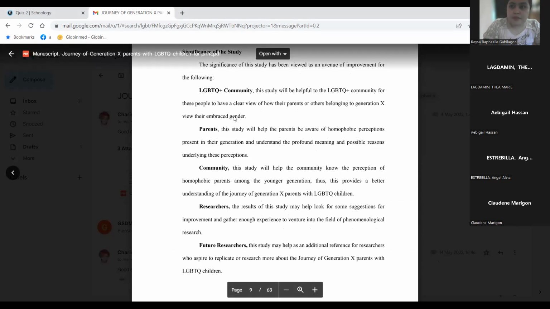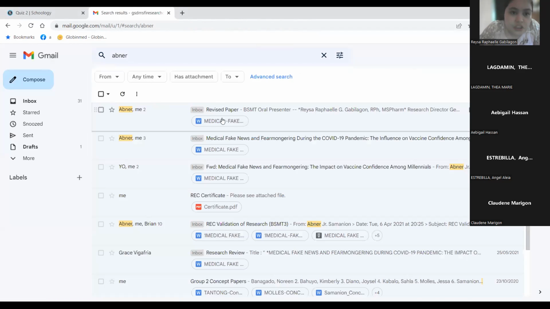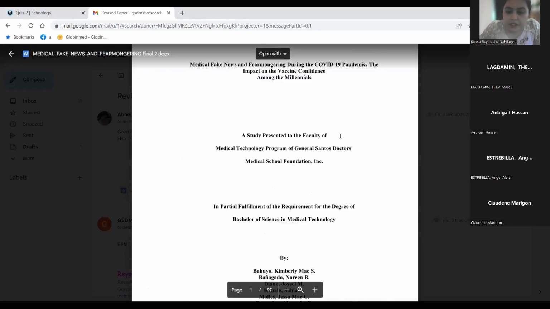Okay? Wait lang. Balikan natin yung mga examples natin kanina kung paano nila sinulat yung kanilang theoretical framework.